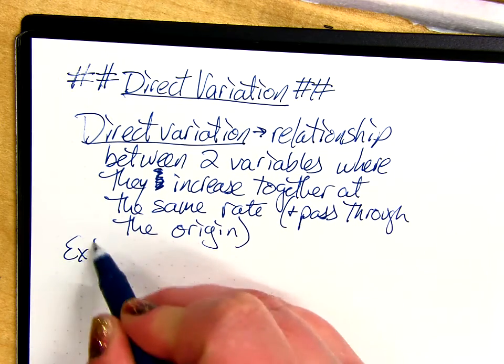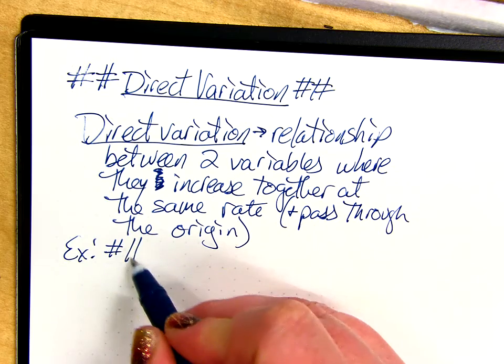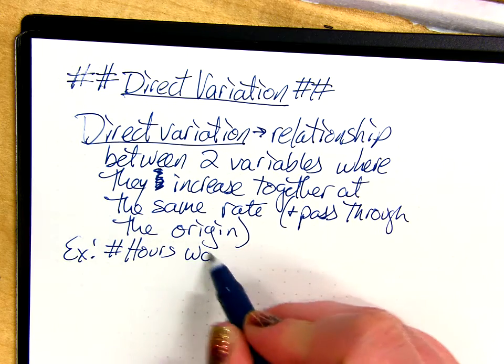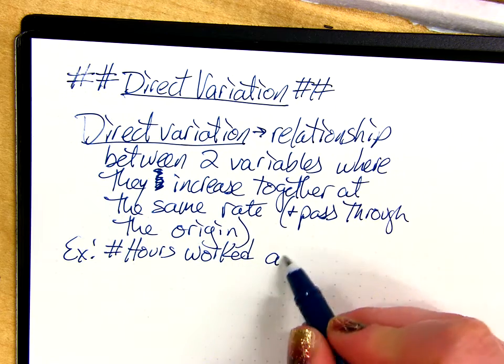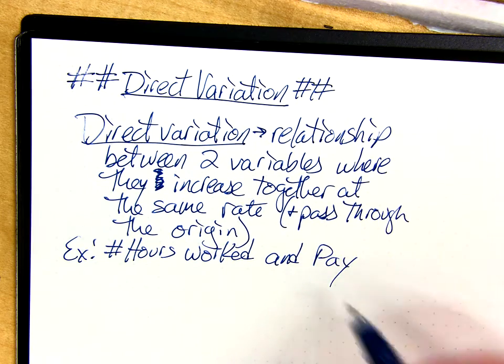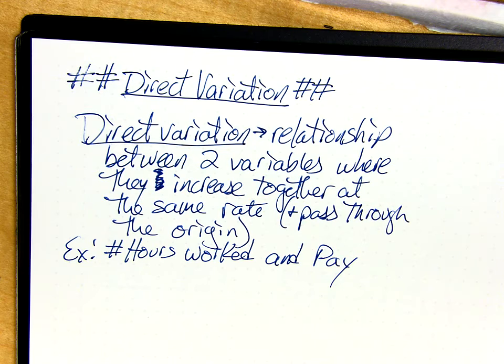So for example, number of hours worked and pay would have a direct variation relationship. Another example might be the total cost of going to the movies and the number of tickets that you buy, right?